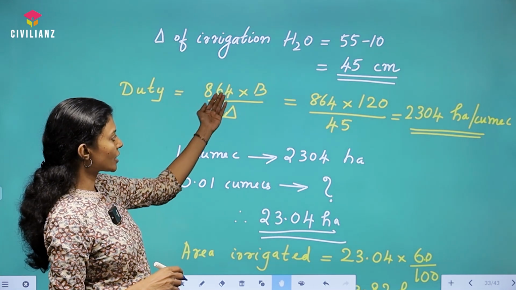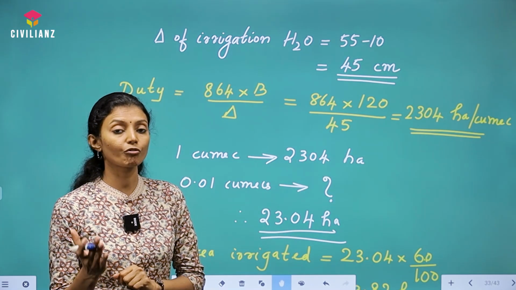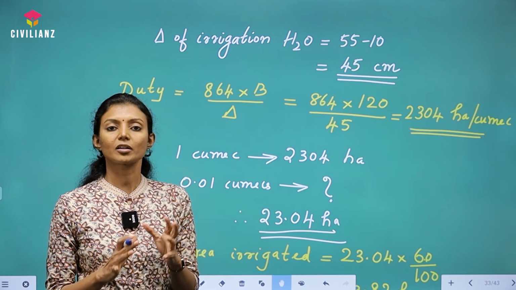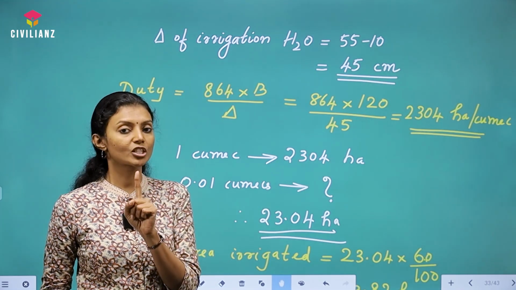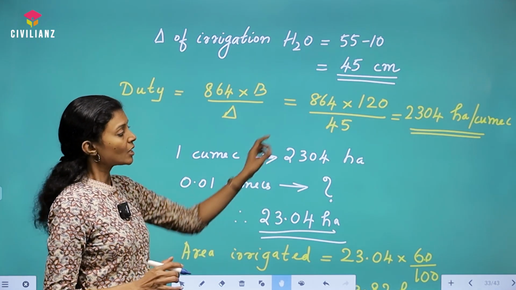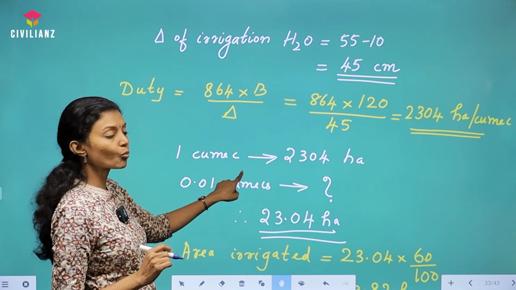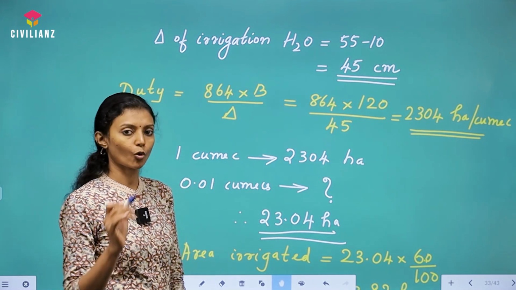So duty is equal to 864 B by D. You get the answer as 2304 hectares per cubic. I have already explained what is duty: the area of land in hectares which can be irrigated using 1 cubic of water. So from this answer, you can conclude that using 1 cubic of water, you can irrigate 2304 hectares.